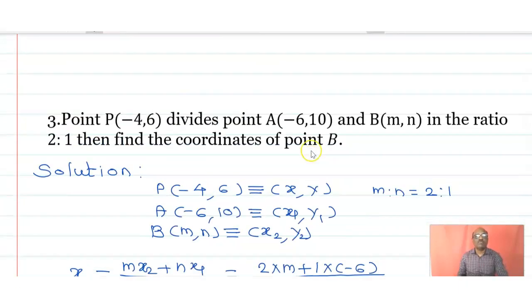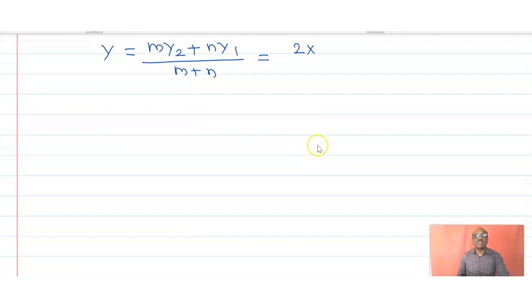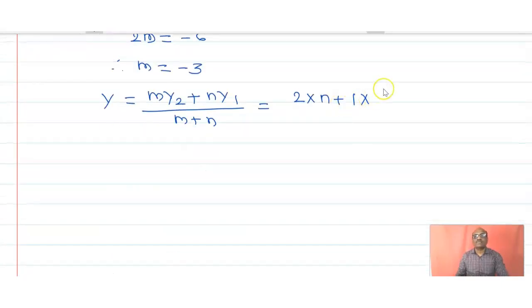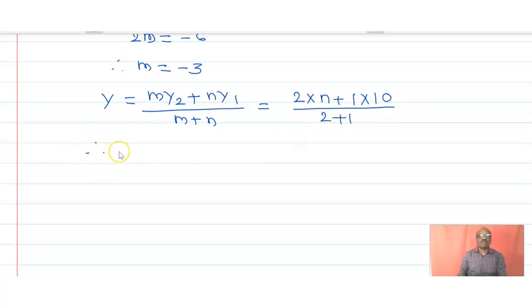And what about the y? y2 is n, here is the n, plus n is 1 and y1, the value of y1 is 10 upon m plus n, that is 2 plus 1, and therefore again y is equal to, if we simplify it, you will get 2n plus 10 upon 3.